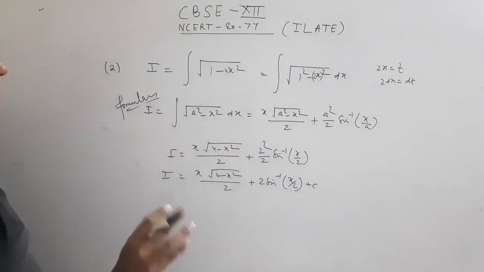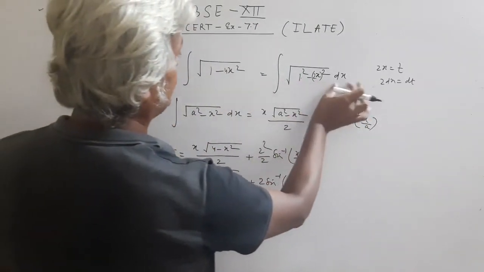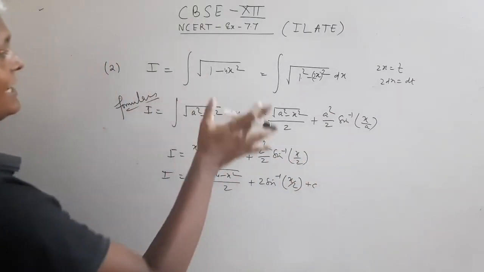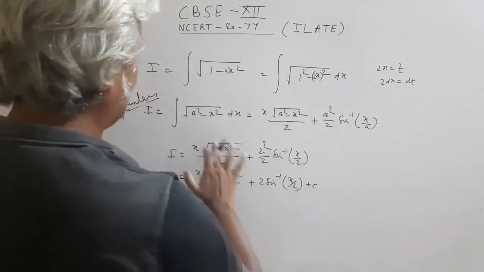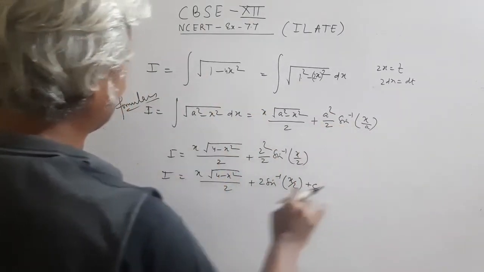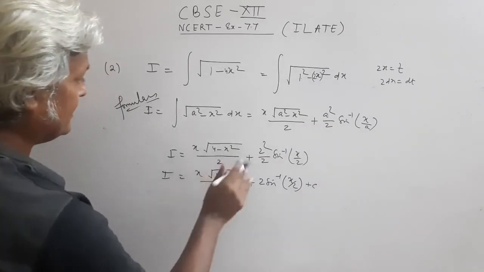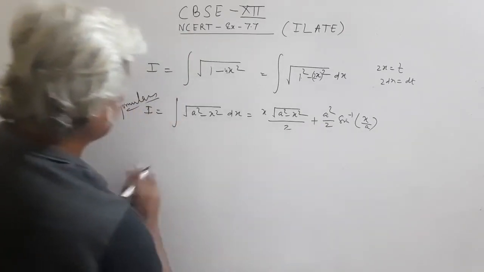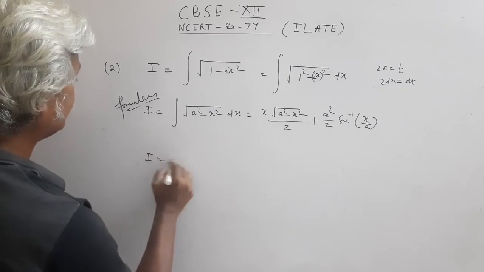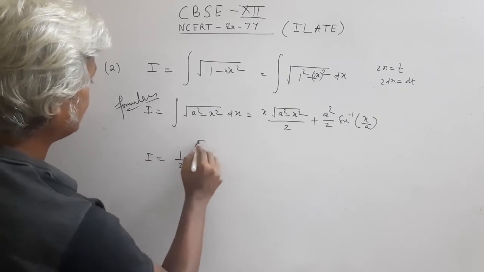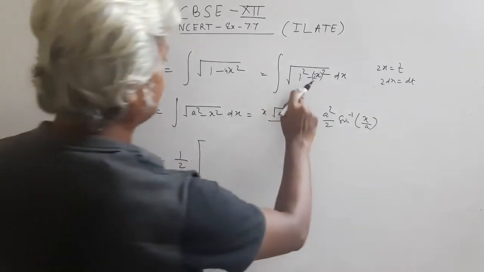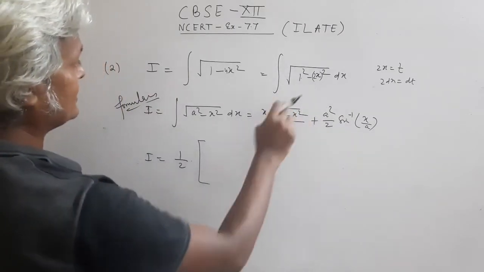It means in place of dx we have to write dt by 2, so the whole answer will be multiplied by half. The formula goes the same way here. Now my integral will become half, and then I use the same formula again, because again it is a square minus x square.